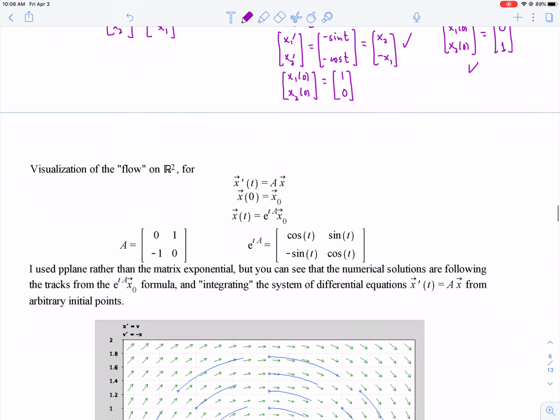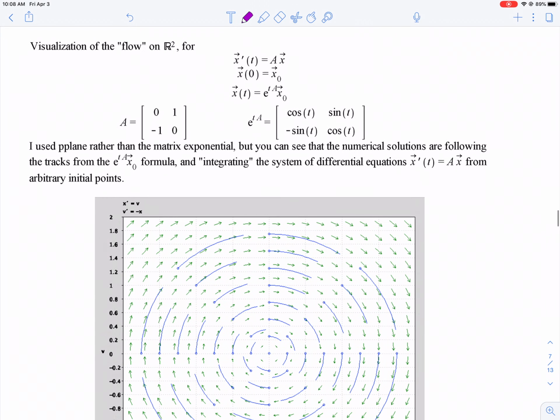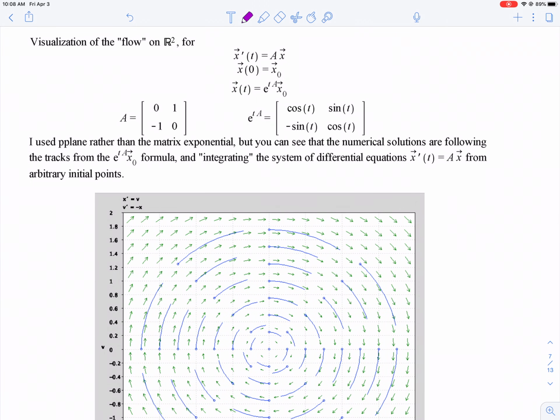All right, so related to our formula, you can talk about the flow generated by the vector field at x, which is A x.